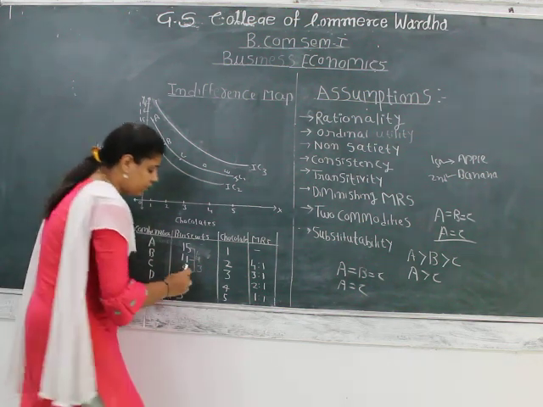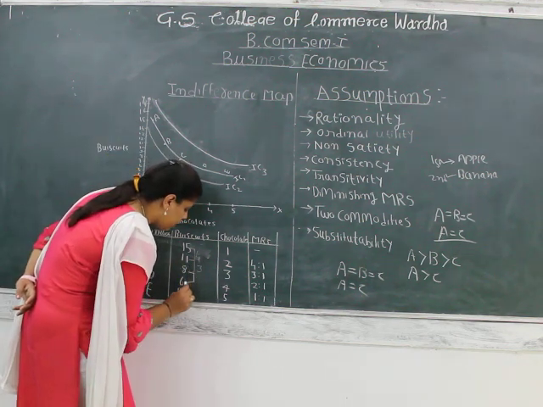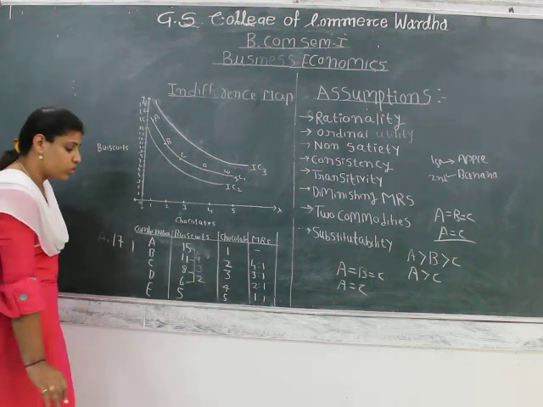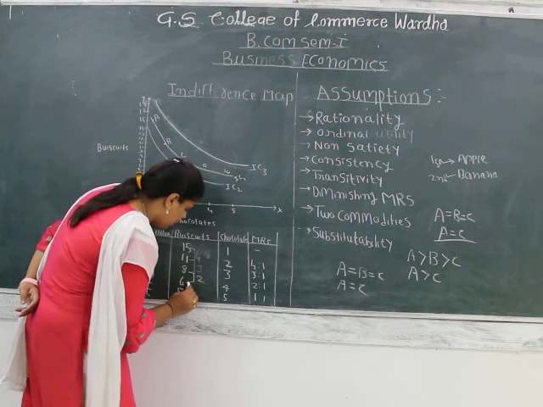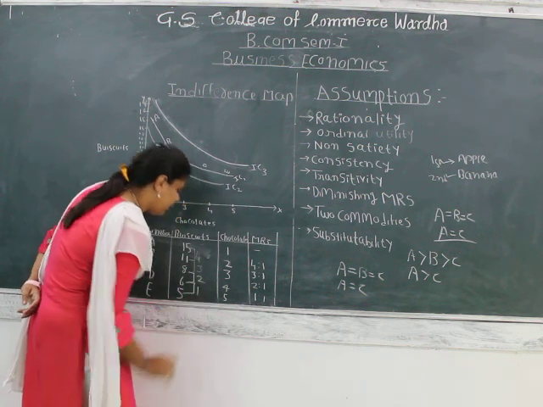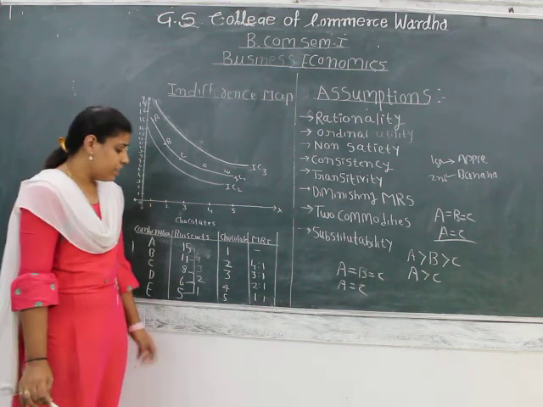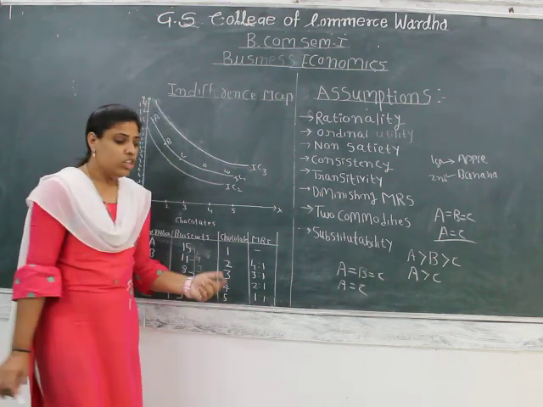Then in the further stage he is sacrificing only 2 units for obtaining 1 more unit of chocolate, and then he is ready to sacrifice only 1 biscuit for obtaining 1 more unit of chocolate.